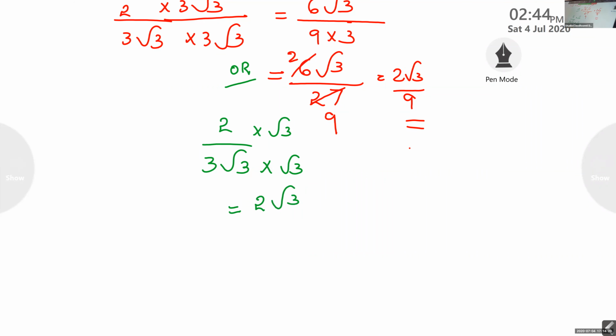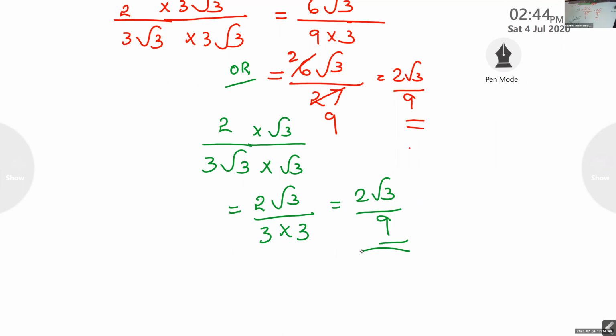2 root 3 by, tell me the answer. Root 9 is 3, 3 into 3 is 9. 2 root 3 by 9.